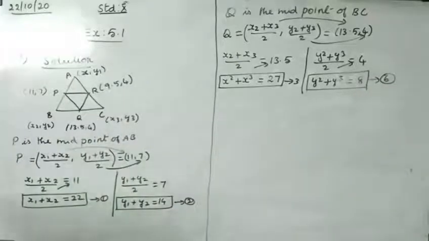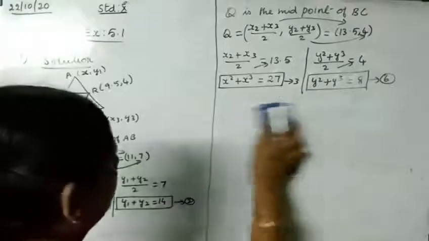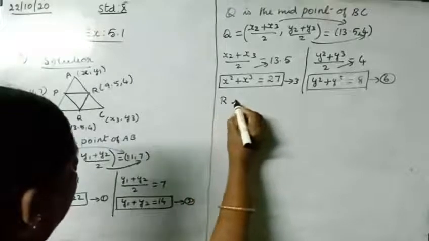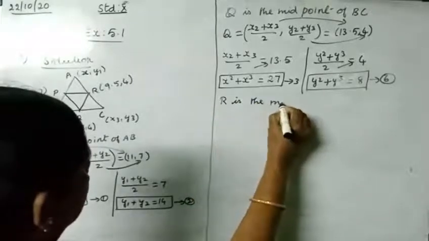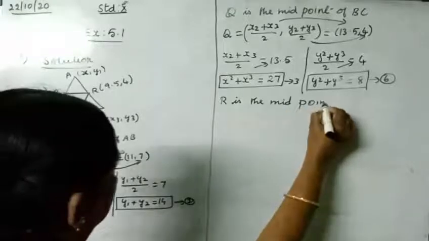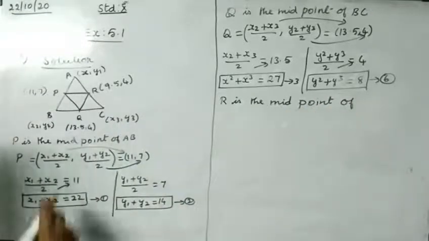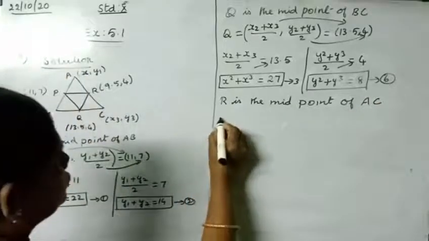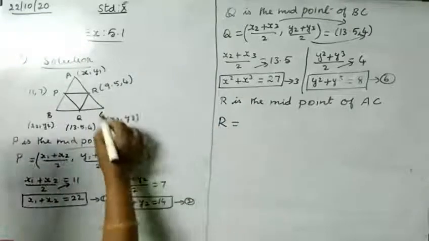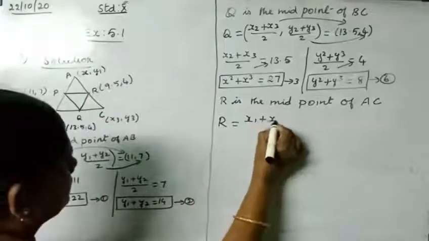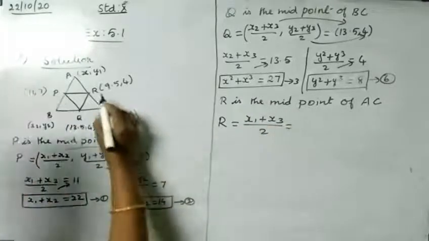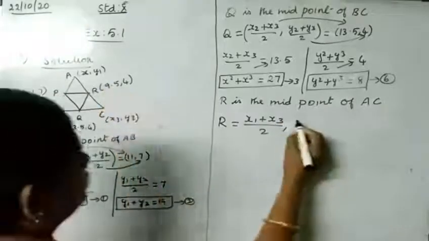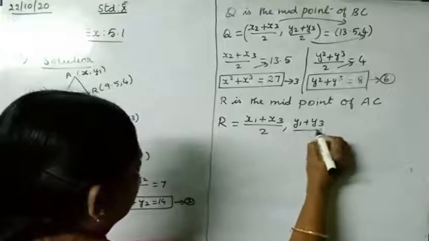And then next, R is the midpoint of the side AC. So now once again use midpoint formula. R is equal to x1 plus x3 divided by 2, comma, then y coordinate is y1 plus y3 divided by 2.